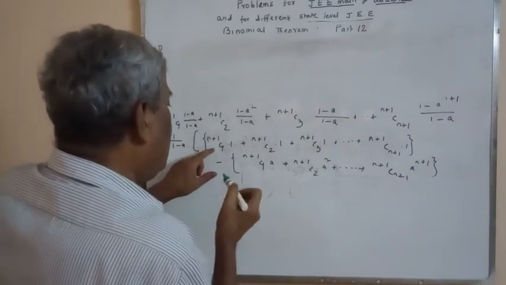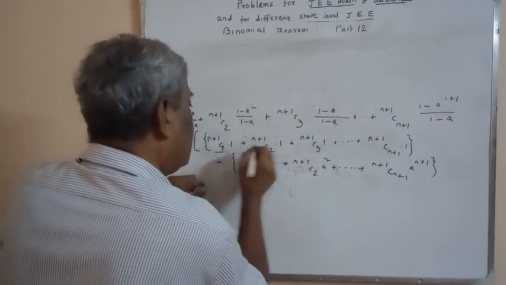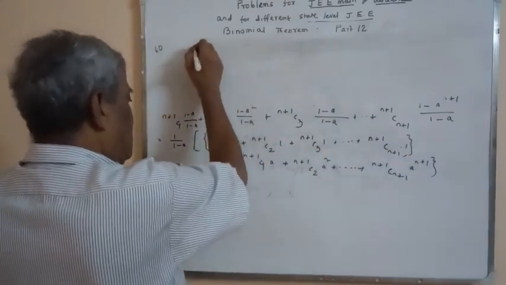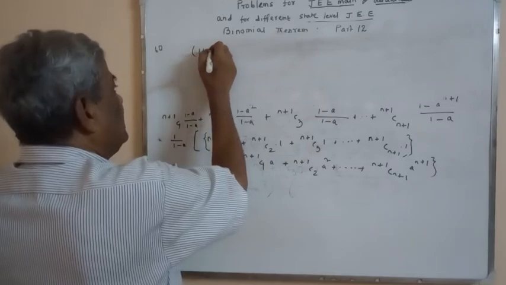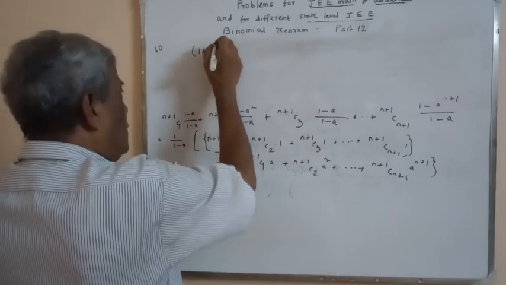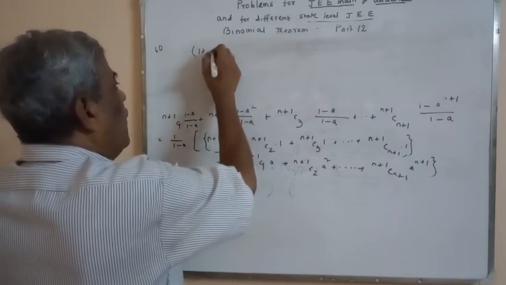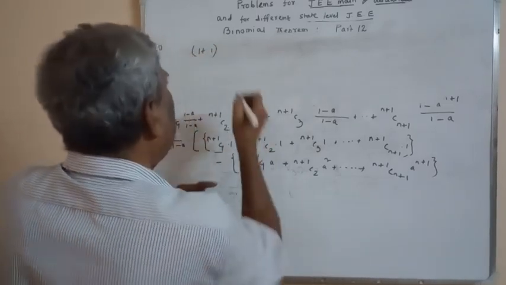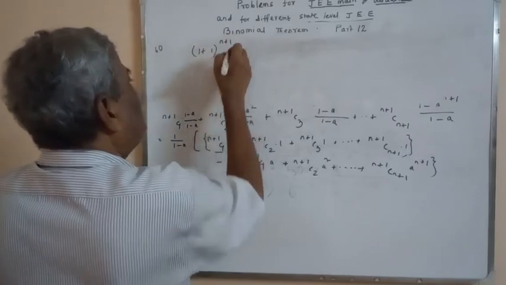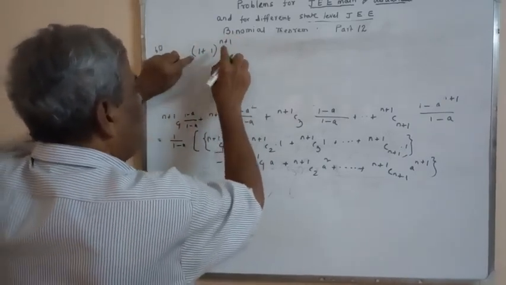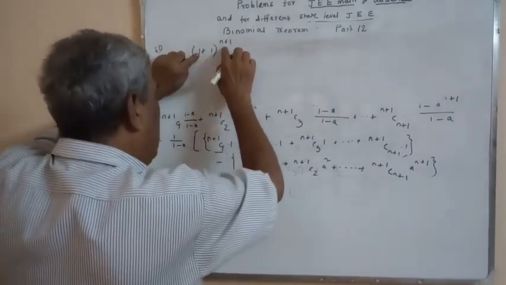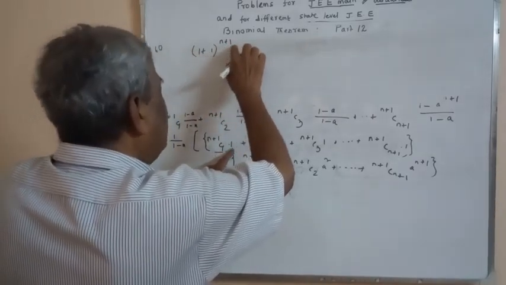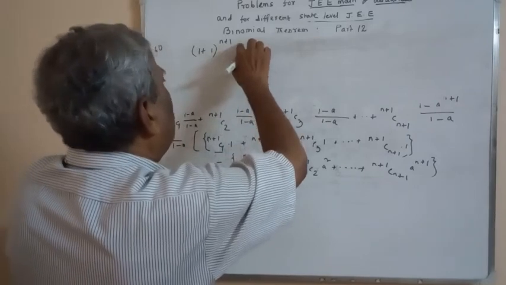Now this series, from here to that, it is actually 1 plus 1 to the power n plus 1, because this is equal to 1, then n plus 1 c1 into 1, then n plus 1 c2 into 1, and so on.